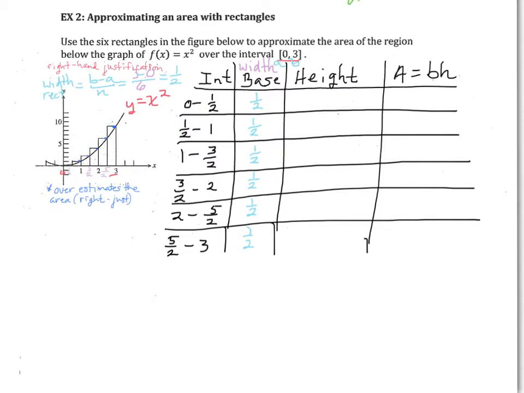And so we are going to put in, I'll use purple, f of x equals x squared. So for all of these to find my heights, I'm going to have to put something in and square it. The question is, what is that something?